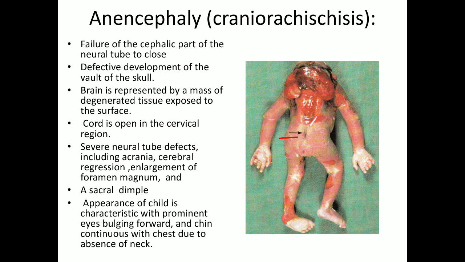So this is anencephaly, in which the cephalic part of the neural tube fails to close, leading to defective development of the vault of the skull. The brain is exposed on the surface as a degenerated mass, the spinal cord is also open in the cervical region, and you can see a sacral dimple.